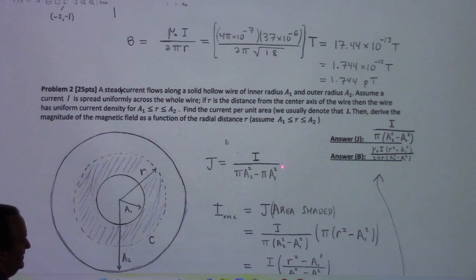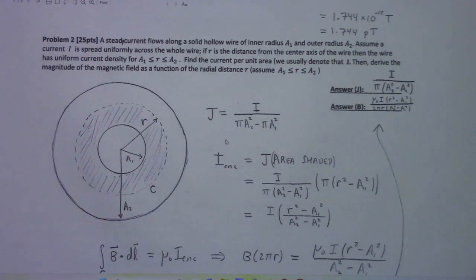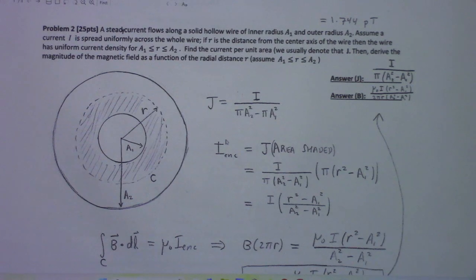That's the current density of the whole annulus. And as such, the I enclosed would be the current density times the area shaded, which is actually that. And so there you go, that's my current enclosed. This should be very reminiscent of the hollow charged sphere problem we worked before.